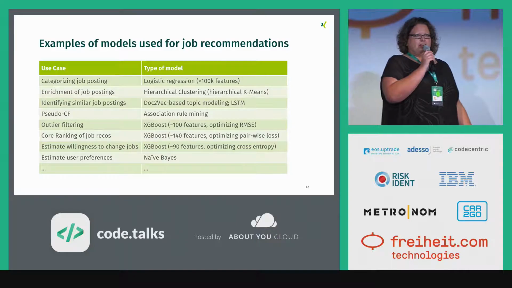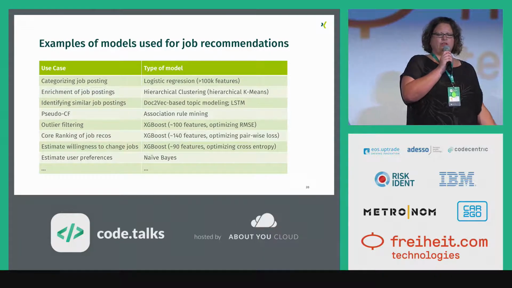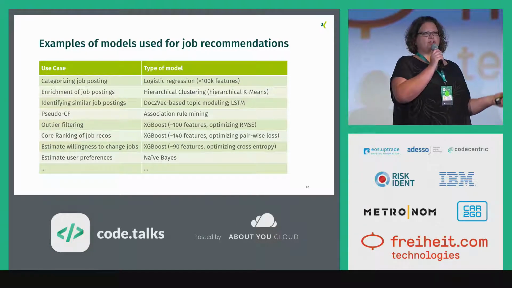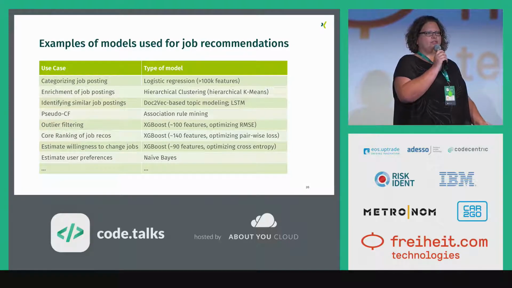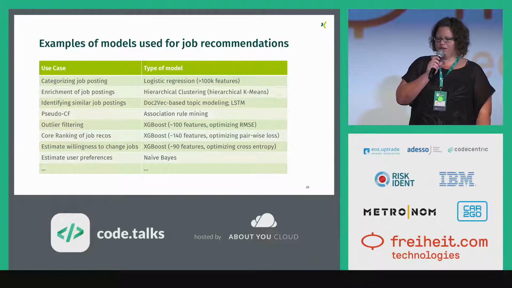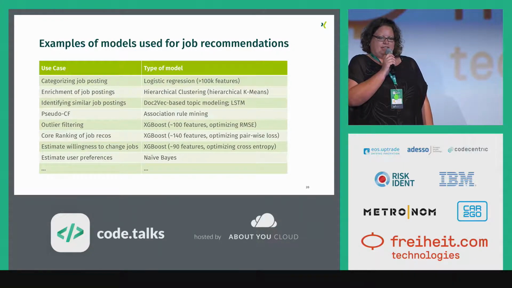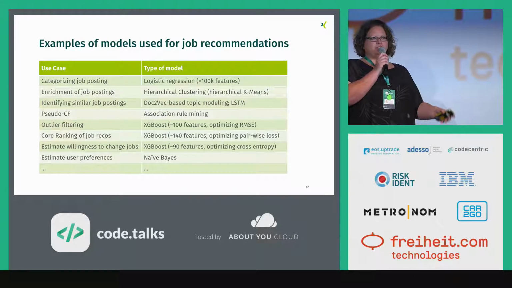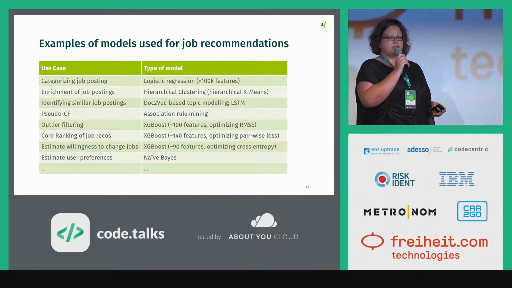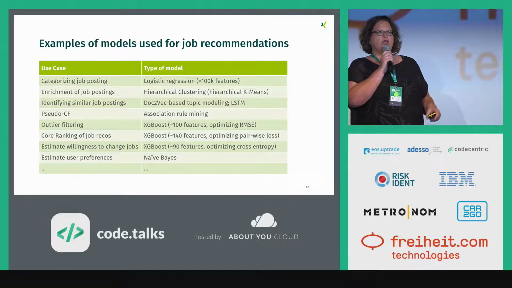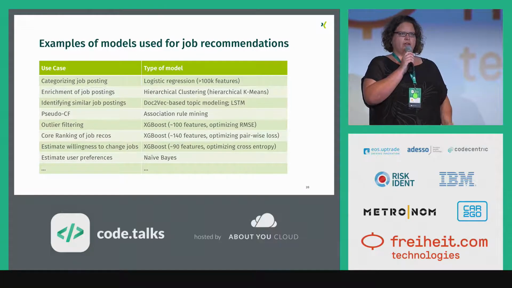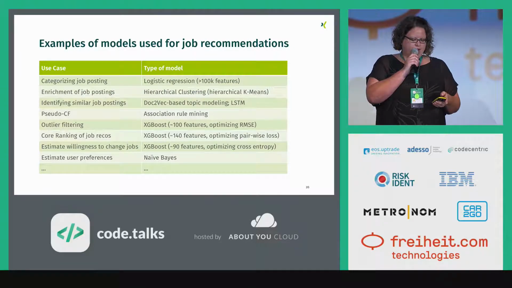And all these models require that we create a ground truth, that we create features, that we evaluate the models offline, that we bring them into production, that we run an A/B test. But then we would like to be done, but we are not, because the data changes, people's behavior changes, the website changes, so we have to retrain our models regularly.